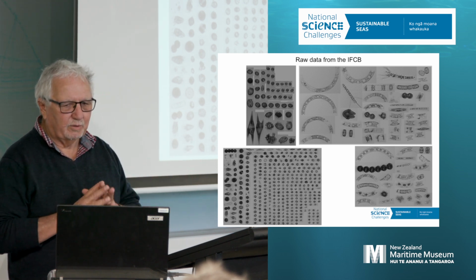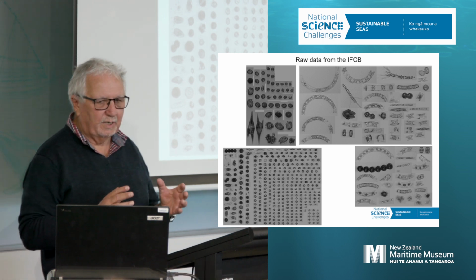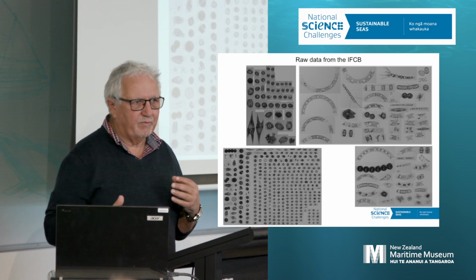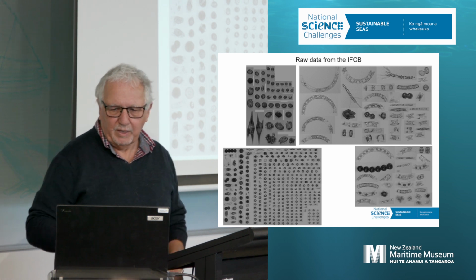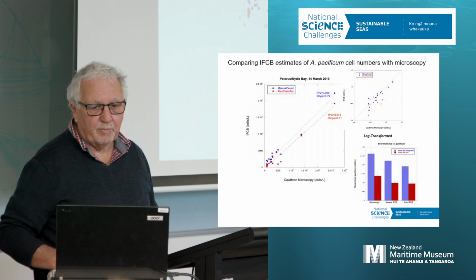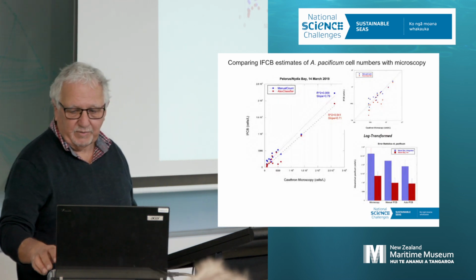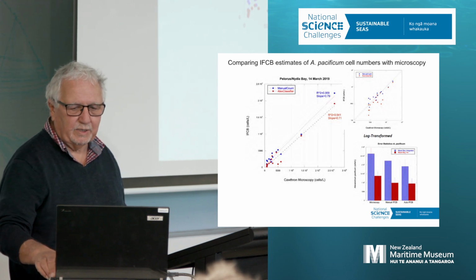And as I mentioned before, it seems to be the interactions between different elements of the plankton that really determine the longevity of the bloom, its intensity, and its duration. So this is work still in progress. There's good comparison between the conventional microscopy estimates and the estimates we get from the instrument.